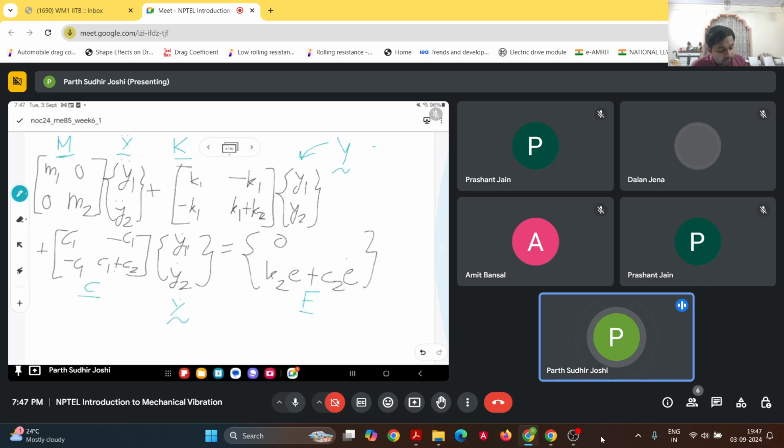So we can write it in a more compact matrix form, the whole system.